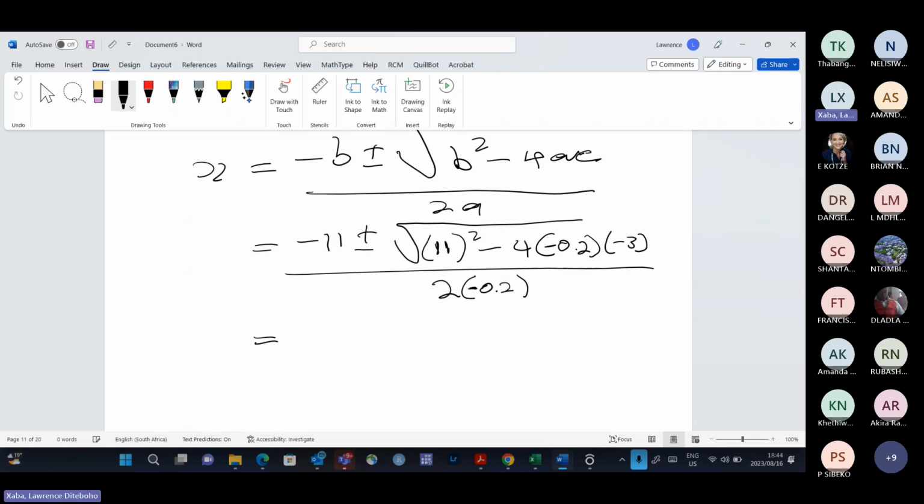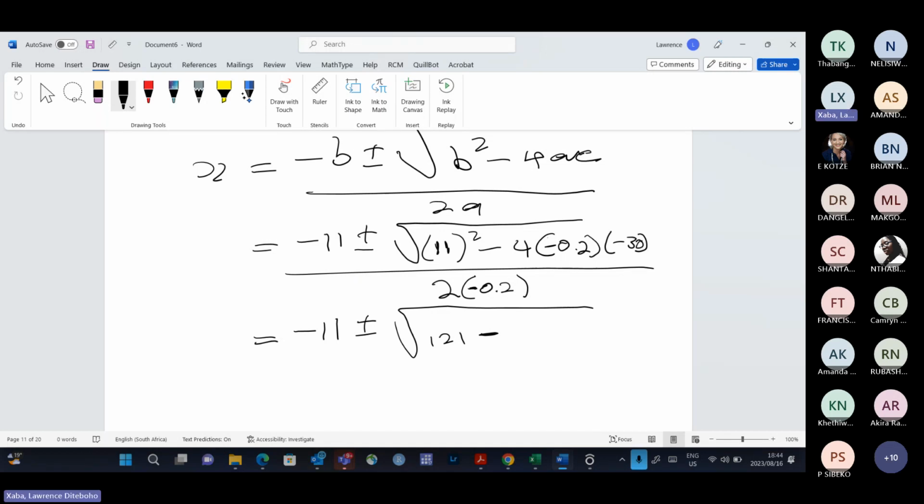So we have to simplify it. If you look at negative 11, it's not going to change. You can just leave it there. Let's try to simplify what we have in the bracket. So we say 11 squared there, then we have inside there 121 minus, then we say negative 4 times negative 0.2 times negative 30.